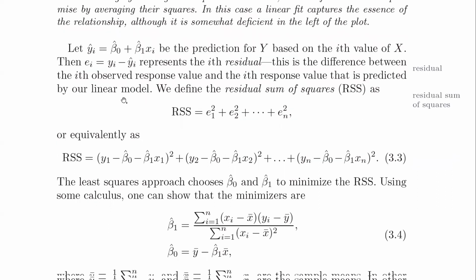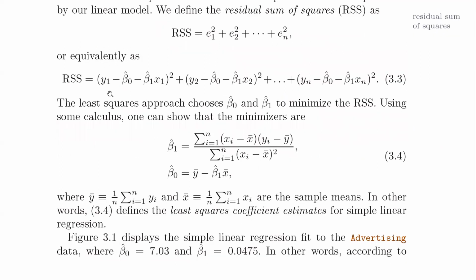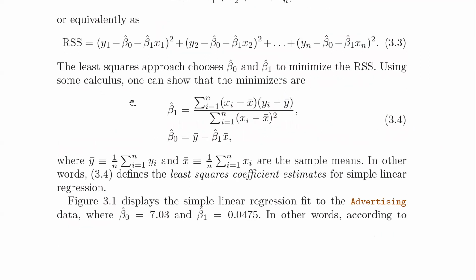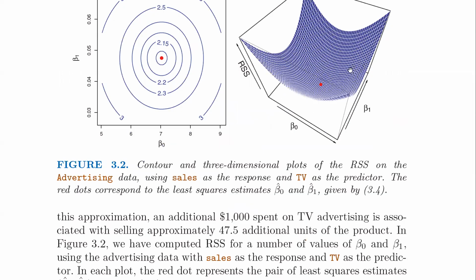We need beta naught hat and beta 1 hat to solve two equations. Which two equations? Those two equations that come about using calculus to minimize, not the curves that we study at A level, but this is a multi-dimensional problem. It's the easiest one. From all the multi-dimensional problems, it's the one where we have two dimensions. So we're studying a surface.